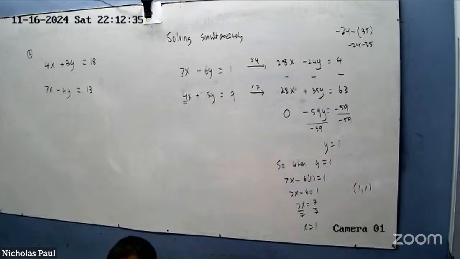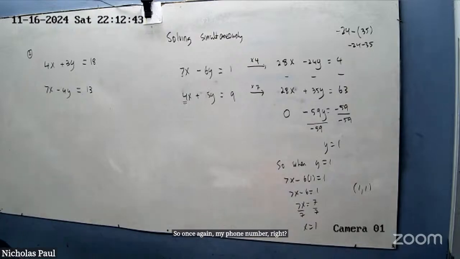So, Mohammed, once again, nice whole numbers. I use the same values, 7 and 4, 3, 5, 7.